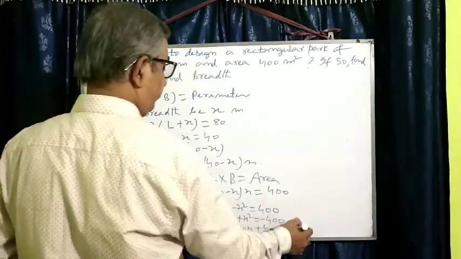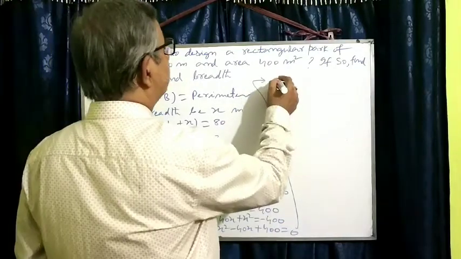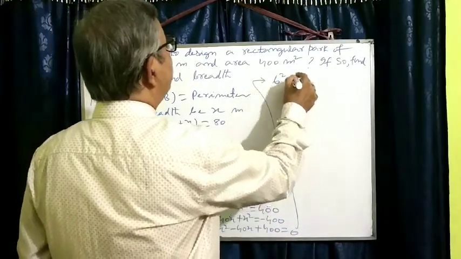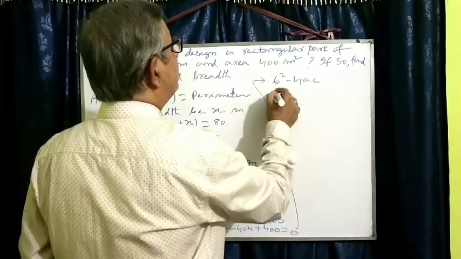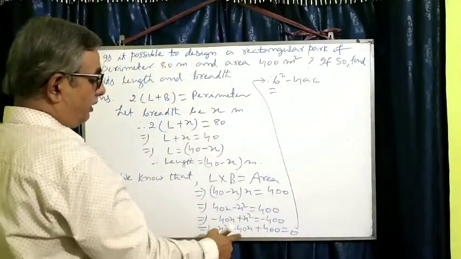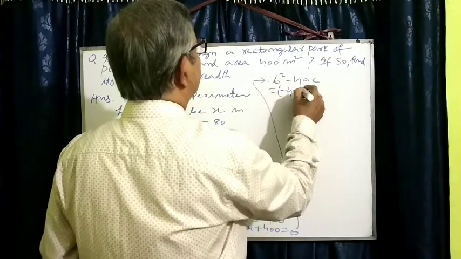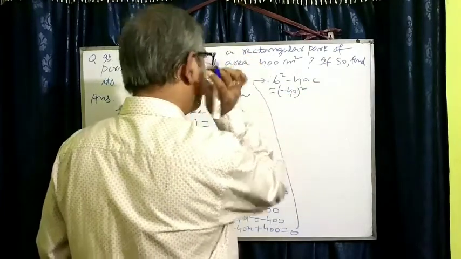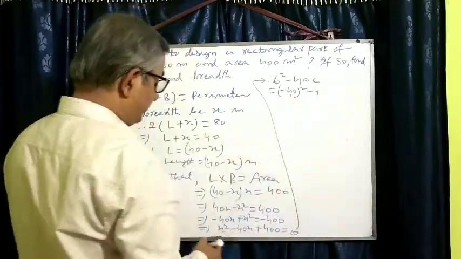Here I am writing b square minus 4ac. You tell what is b. The coefficient of x is called b. That is minus 40 whole square. Then 4. What is a here?